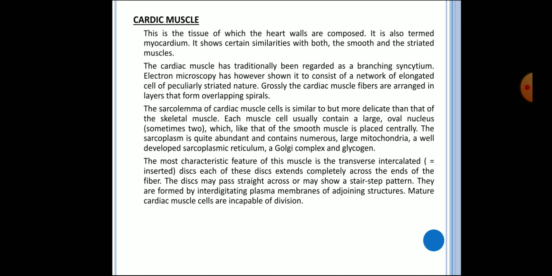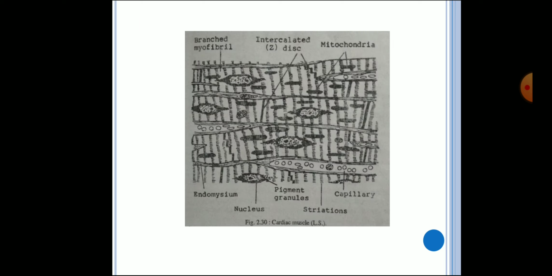The most characteristic feature of this muscle is the presence of transverse intercalated discs. Each of these discs extends completely across the ends of the fibers. The disc may pass straight across or may show a stair-step pattern.